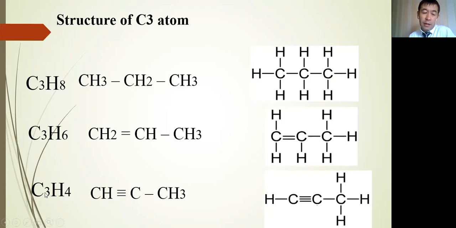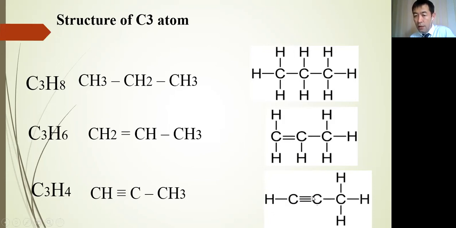Okay, what if C3H4, now 3 carbons, 4 hydrogens? We can draw it only this way, and there is a triple bond between these 2 carbons. So this carbon used 3 electrons here between these 2 carbons, and this carbon has another 1 electron here to bond another hydrogen.